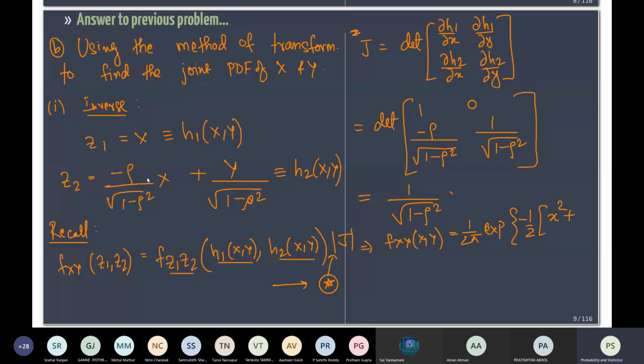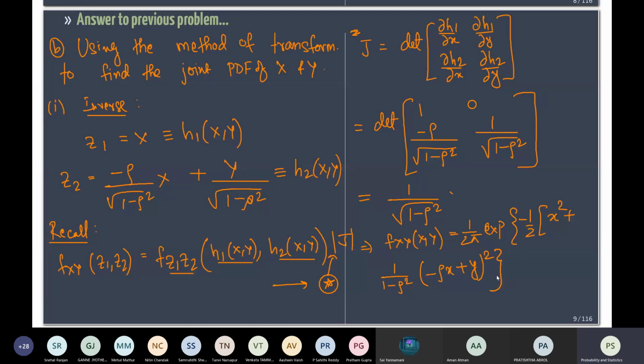So h2 squared: 1 by 1 minus rho square will come out, and then minus rho x plus y, squared. So this will be plus 1 by 1 minus rho square times y squared.